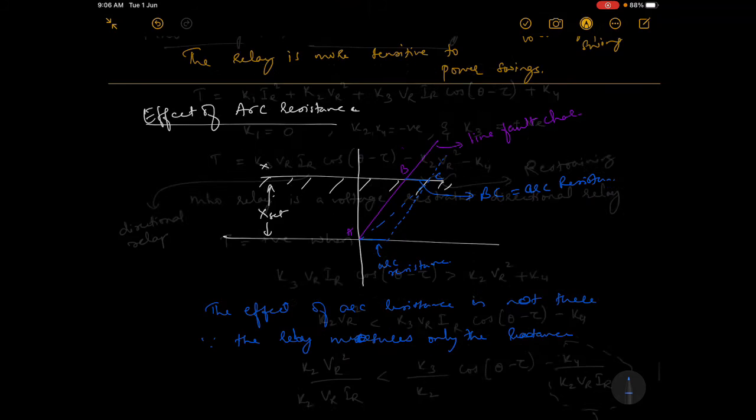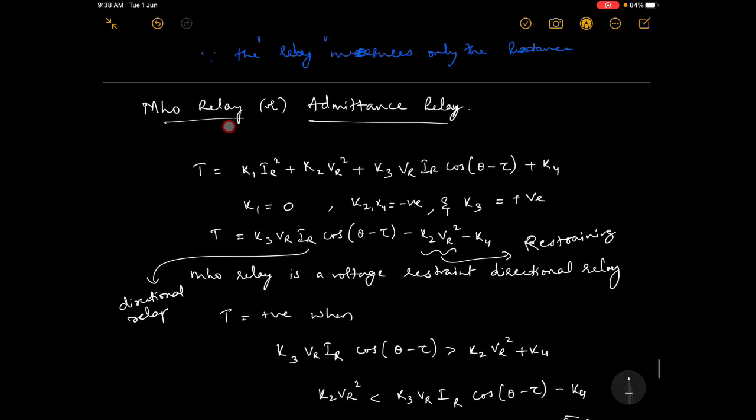Now we will see the Moore relay, also called the admittance relay. This is our universal torque equation: K1 IR square plus K2 VR square plus K3 VR IR cos(theta minus tau) plus K4.